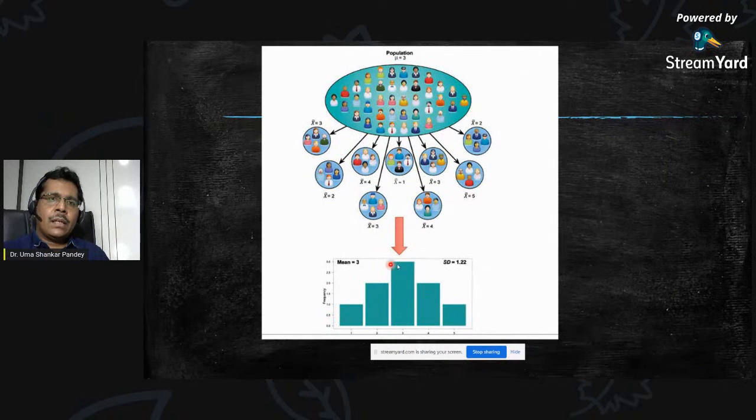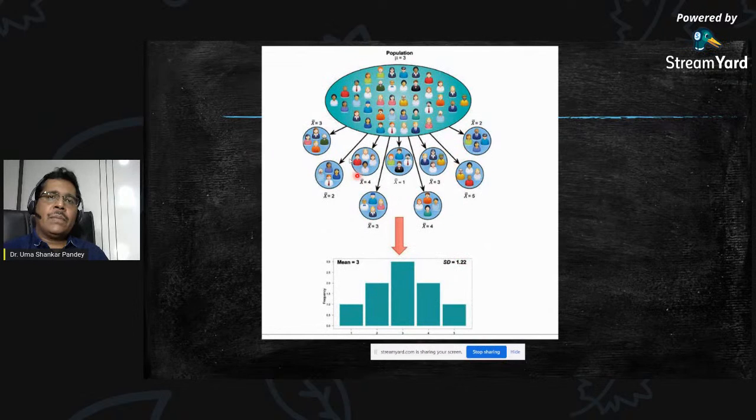If I plot these means, this will also be like a normal curve, and the majority will be at the population mean. This is the standard deviation I get, and this is the mean I get. The standard deviation of the sample means is the standard error. Standard error is the standard deviation of the sample means.